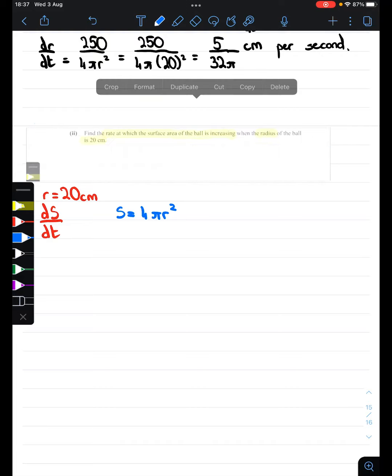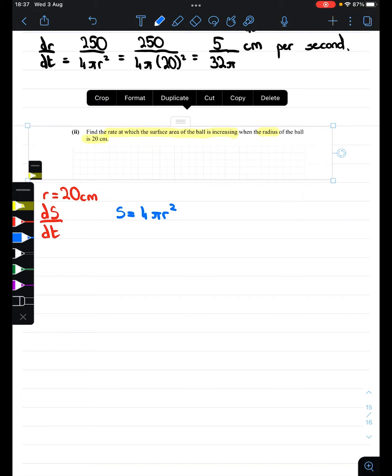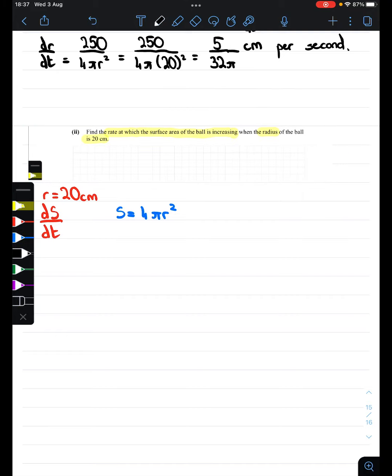And now we have the same kind of idea as before, where we want to find s with respect to t, but we only have s with respect to r. So like before, to get ds with respect to t, we first differentiate s with respect to r, and then we multiply that by r differentiated with respect to t.